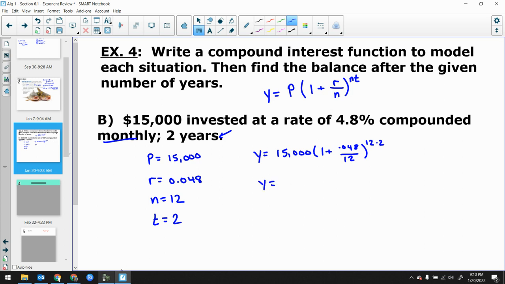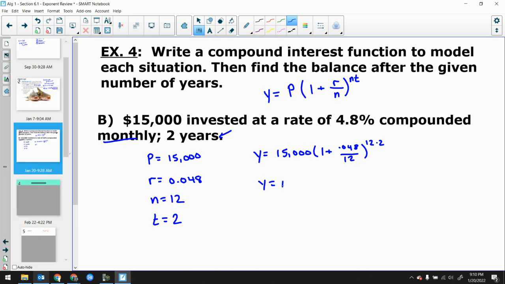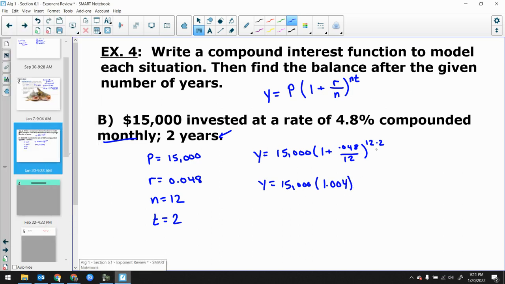Okay, so let's go ahead and evaluate. I'm going to take the 0.048, divide by 12, and then add that to 1. So that's going to get me 15,000 times 1.004 raised to the 12 times 2, which is the 24th power.